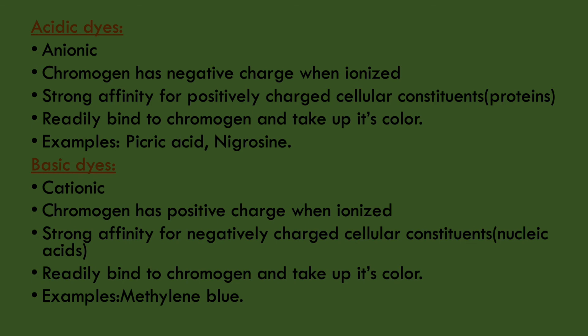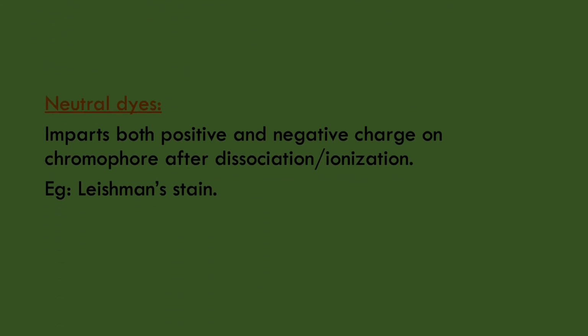Examples for basic dyes include methylene blue. Now, neutral dyes. Neutral dyes impart both positive and negative charge on the chromophore after dissociation or ionization. An example for a neutral dye is Leishman stain.